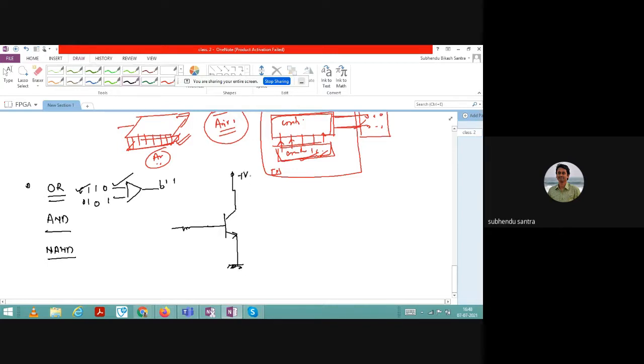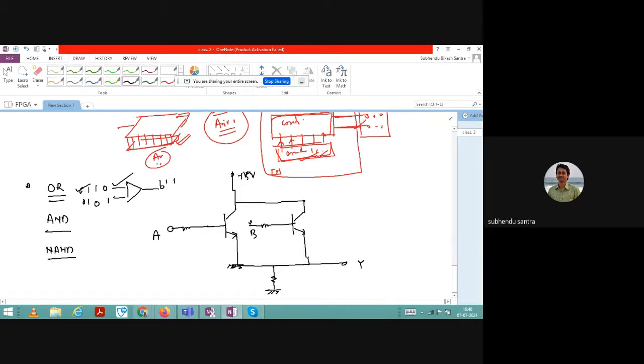This is your plus 5 volt, and let us connect another one. This is your B, this is plus 5 volt, and this is another transistor. Let me connect with this, put a resistance, and consider that to be your output Y. Let us say this is A and this is B.